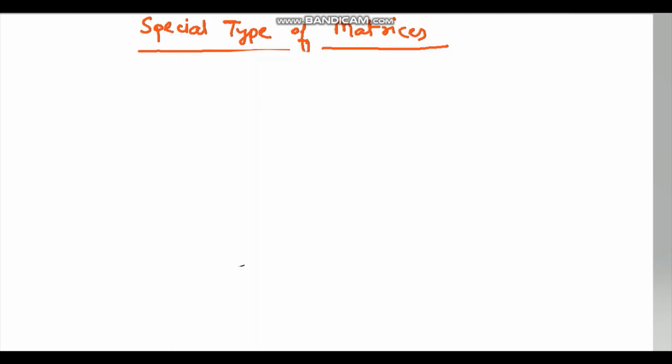Next type we have is the periodic matrix. These matrices are very important. What is a periodic matrix?